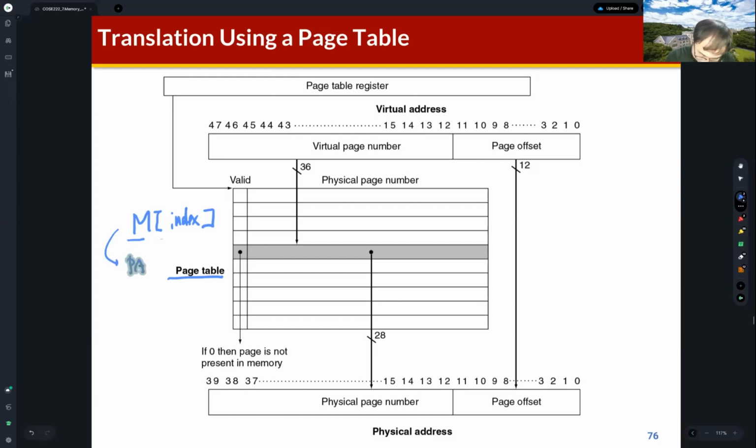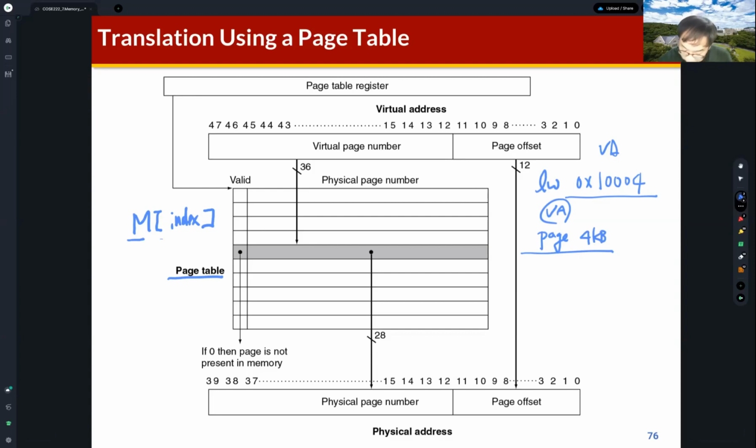So let us assume that load word is executing, and load word is requesting data of virtual address 0x10004. Okay, so this is the virtual address. And then the page size is 4 kilobytes.